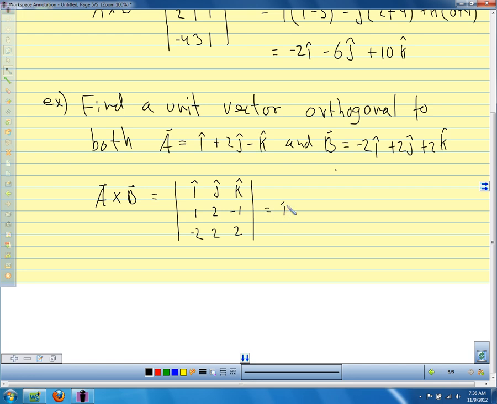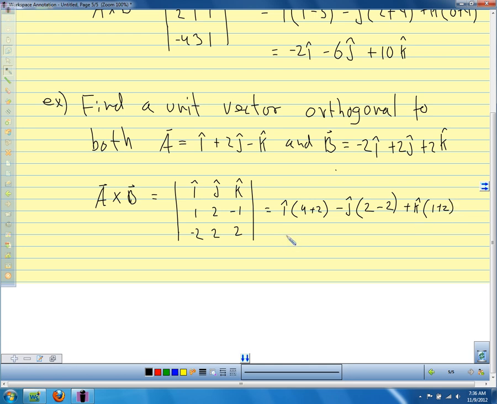So this is going to give me i times 4 plus 2, minus j times 2 minus 2, plus k times 1 plus 2.